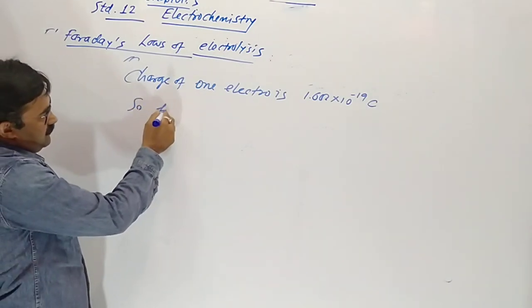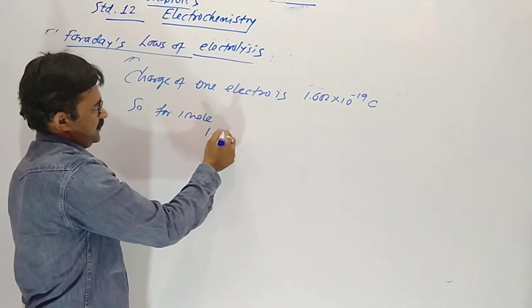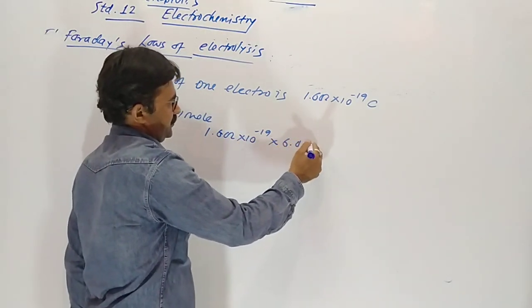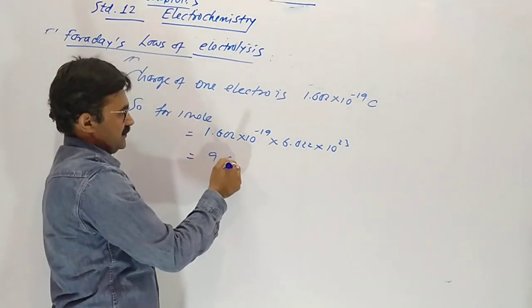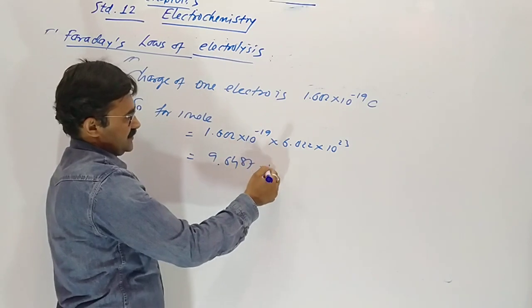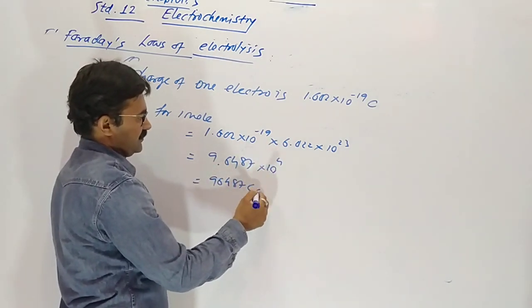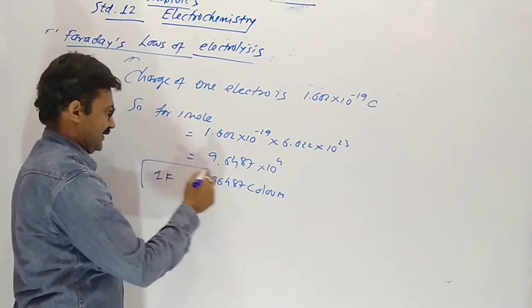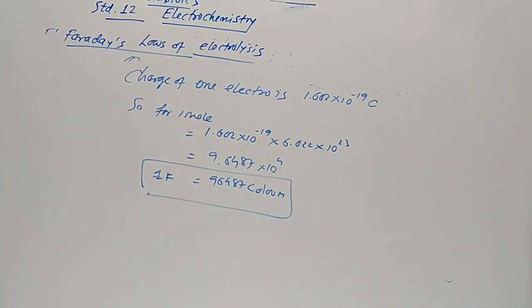So for 1 mole, 1.602 × 10^-19 into 6.023 × 10^23. So 9.6487 × 10^4, so 96487 coulomb, which is called 1 Faraday. Charge of 1 mole electron is called 1 Faraday.